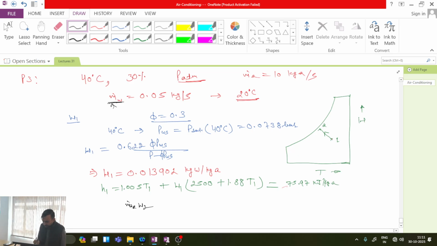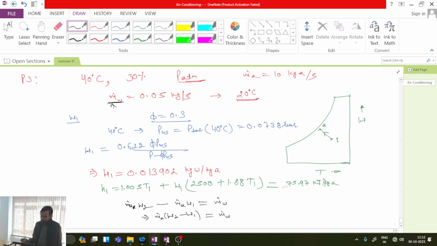Of course, m dot A only, because I have the same dry air mass flow rate. And the mass of water vapor at inlet will be m dot A into W1, and the difference must be equal to the amount of water added, because all the water is evaporating. So it must be equal to m dot W. So from here, m dot A into (W2 minus W1) becomes m dot W.